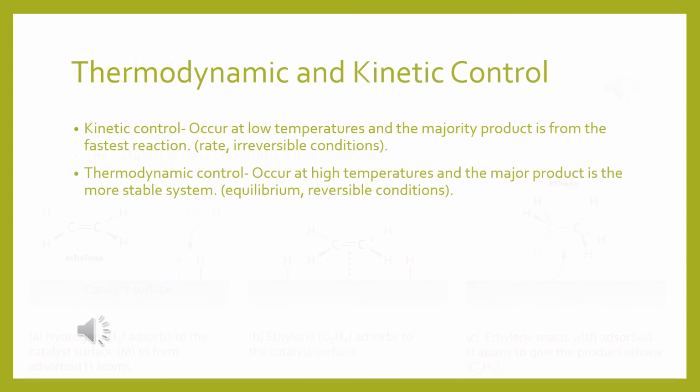Thermodynamic and kinetic control. Kinetic control occurs at low temperatures, and the majority of product is from the fastest reaction. It is irreversible. Thermodynamic control occurs at high temperatures, and the major product is more stable. It is in equilibrium, and it is reversible.